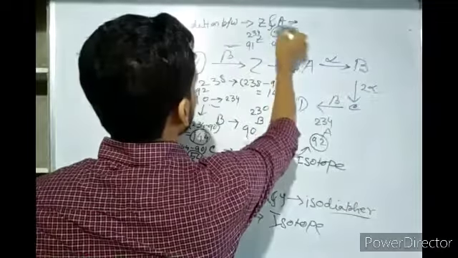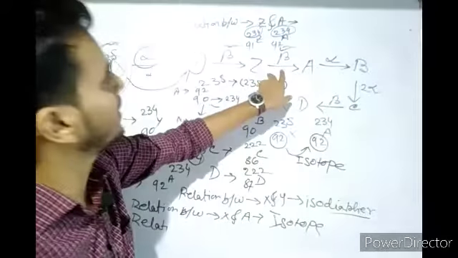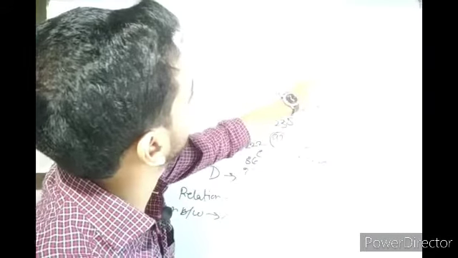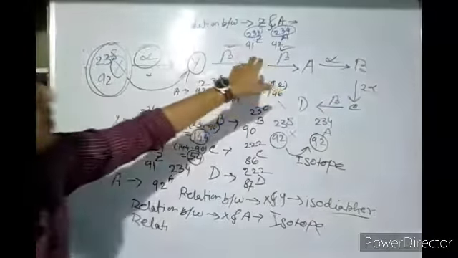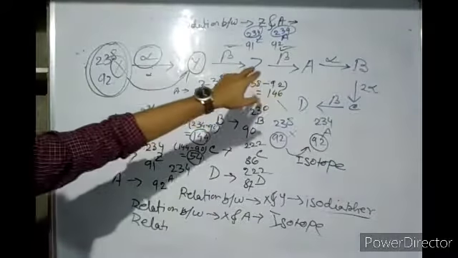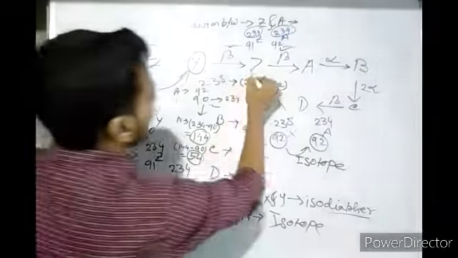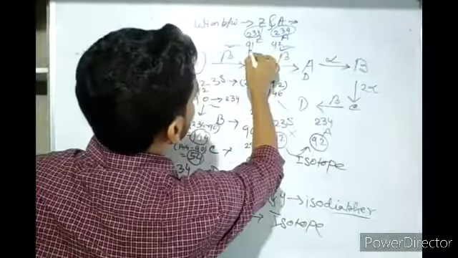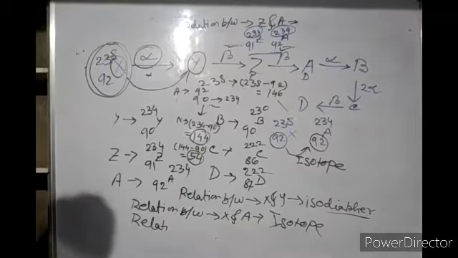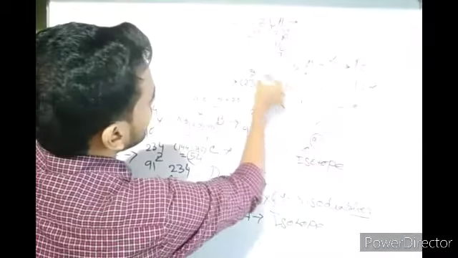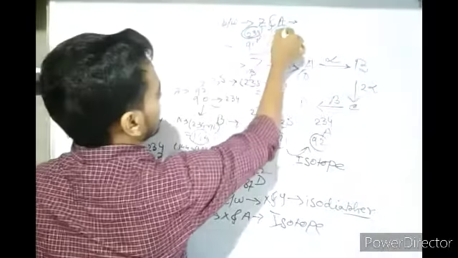Here the mass number is the same, and in case of Z to A, a beta particle is emitted to convert Z into A. So from this we conclude that when a beta particle is emitted from a radioactive nucleus, the daughter and parent nucleus become isobars of each other, because the mass number is the same here.